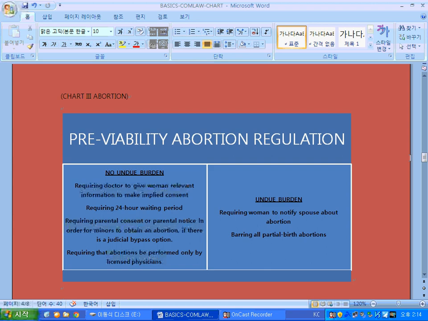The state's interest in prenatal life cannot be based on the fetus' right to life, for a fetus cannot be considered a person in the constitutional sense. Unborn children have never been recognized in any area of the law as persons in the whole sense.